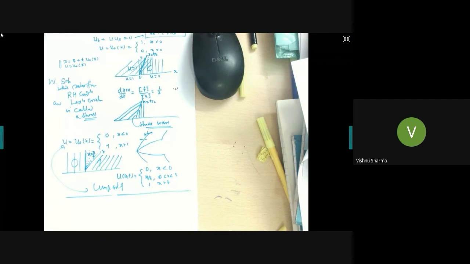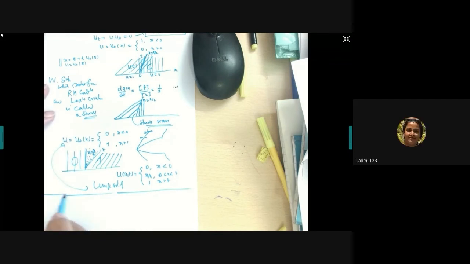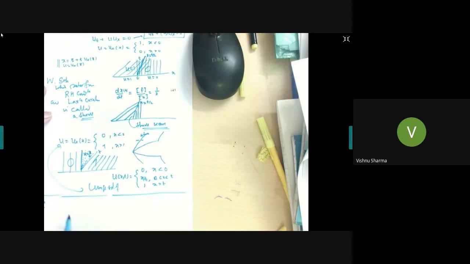Let us consider one more example. Let us take this equation only. This is the inviscid Burgers equation, and consider this, assuming that the evolution is governed by the conservation law.